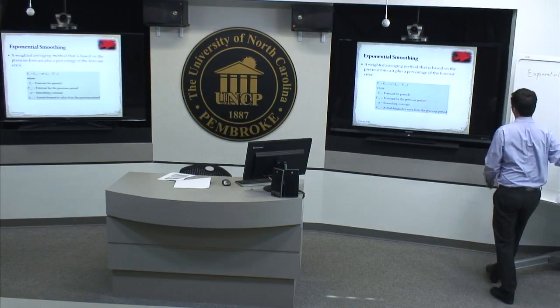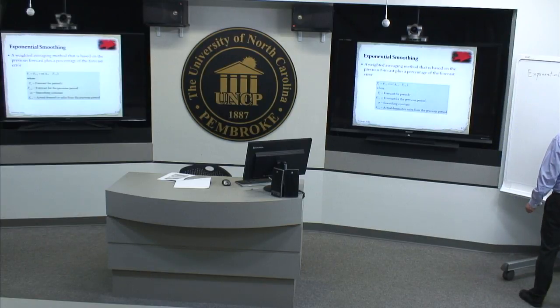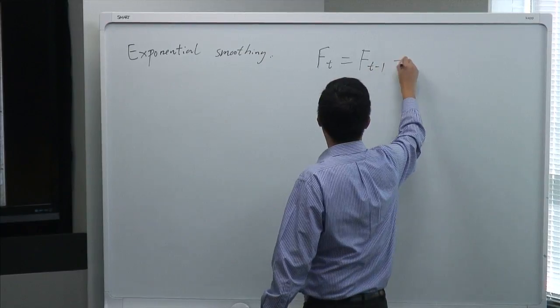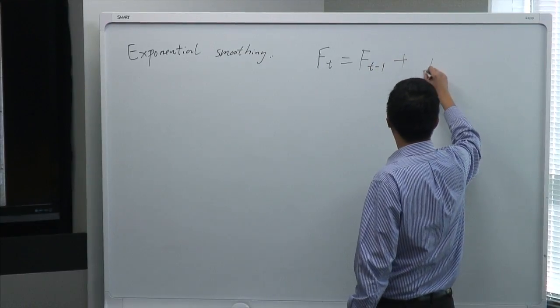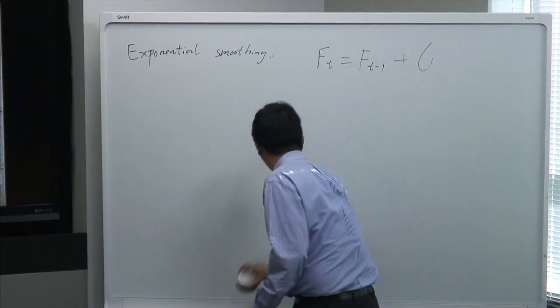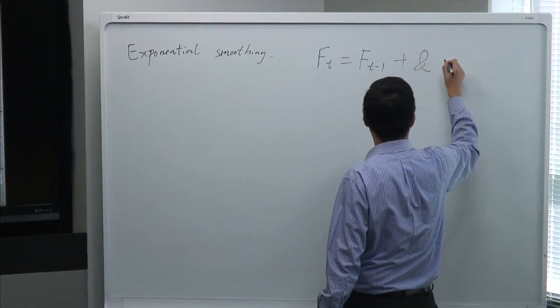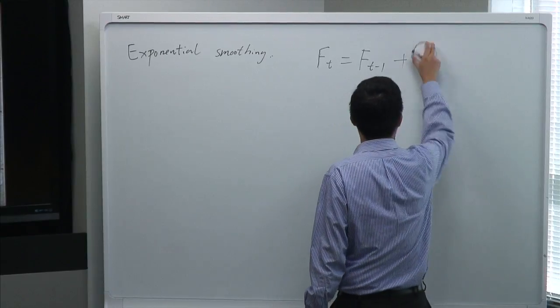The forecast is based on the previous forecast F(t-1) plus a parameter, usually between 0 and 1, or you can think about it as a weight, alpha, times the forecast error, A(t-1) minus F(t-1). I keep writing something wrong.